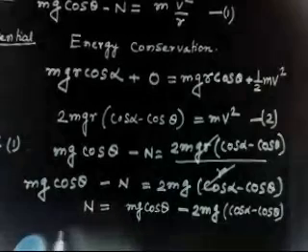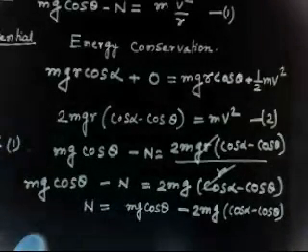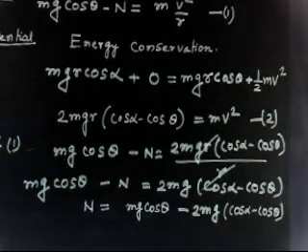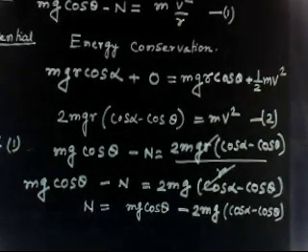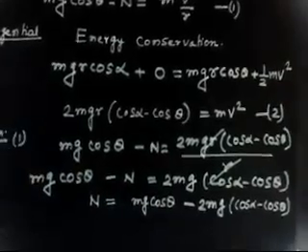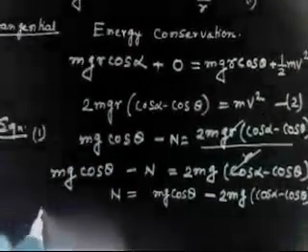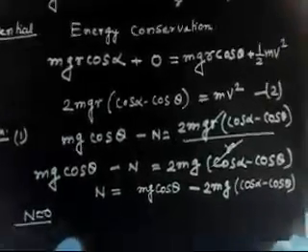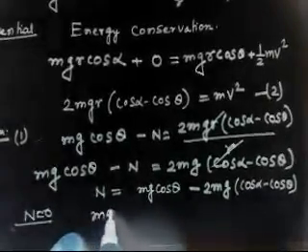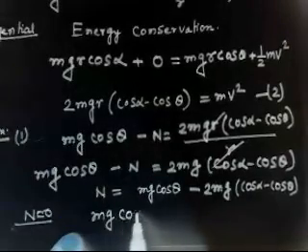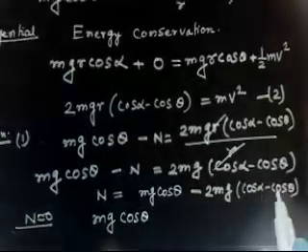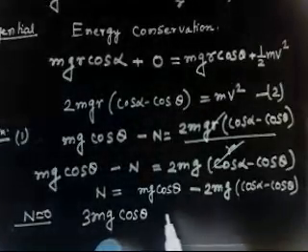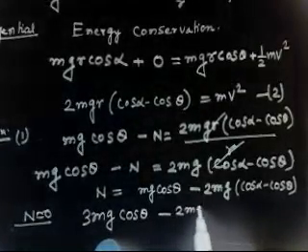If you want, you can plot the normal reaction as a function of theta. I want the point when this object leaves the surface, at the point of breaking off, the normal reaction will be 0. So this is the condition of breaking off. Now mg cos theta plus 2 mg cos theta, so this becomes 3 mg cos theta minus 2 mg cos alpha.